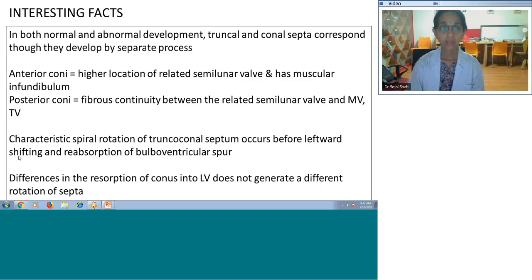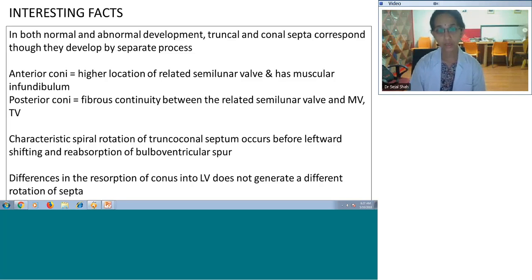The spiral rotation of the conotruncal septum occurs before the leftward shift and the resorption of the bulboventricular spur, which we saw a couple of figures before, where you have the development of the bulboventricular spur initially after the looping, and then over time you have a leftward shift of the conotruncal septum.